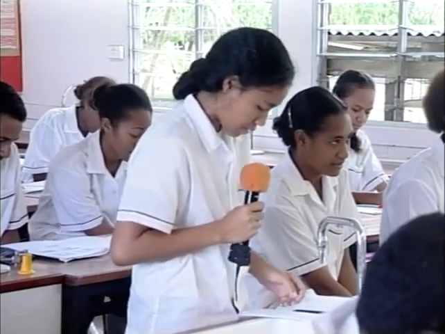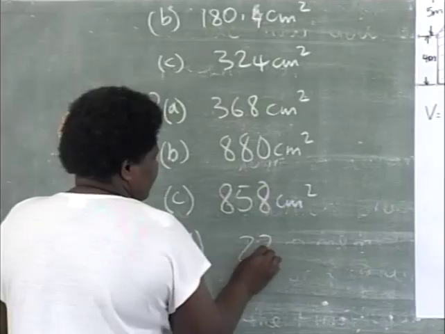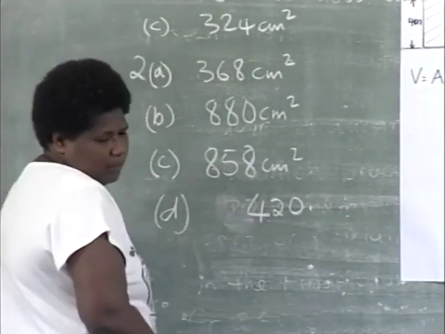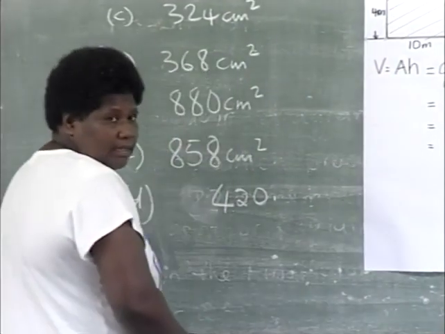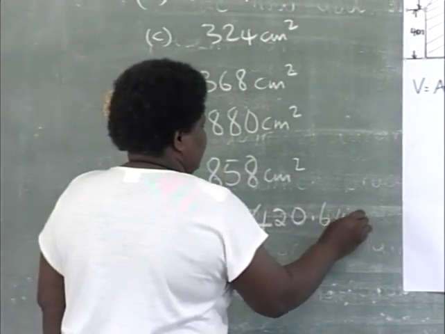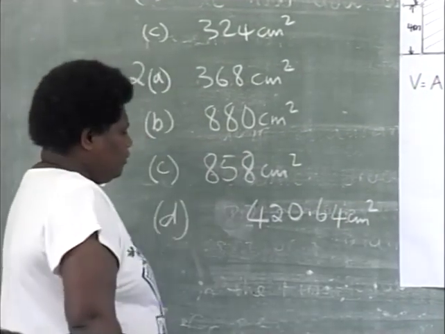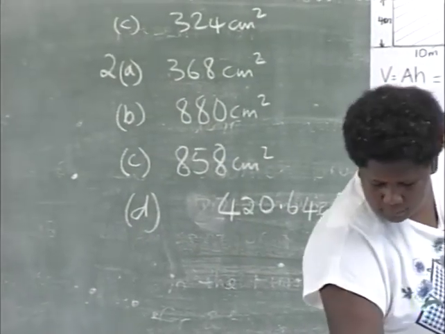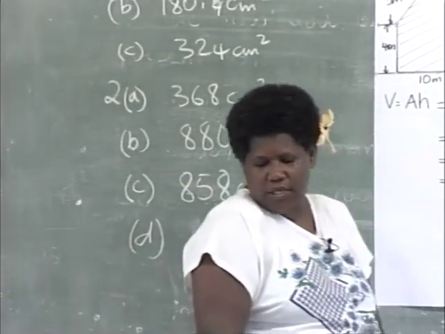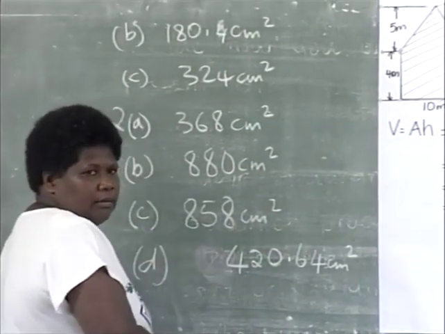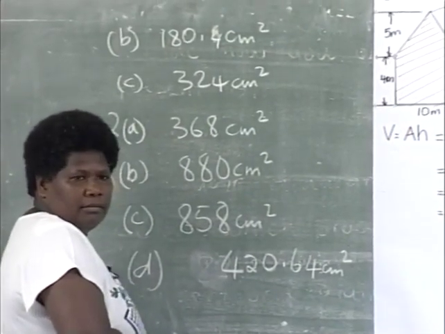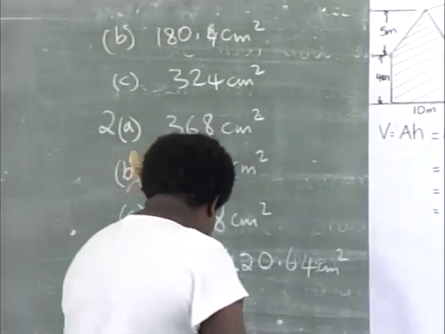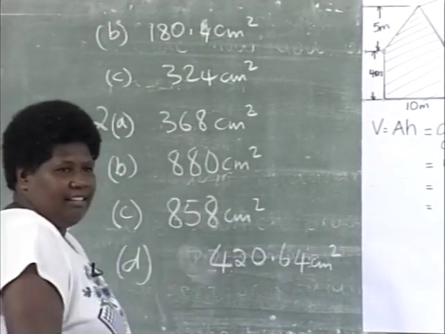420.64 square centimeters. Any challenges for that question, or you all agree? Solomon. Is it the same?